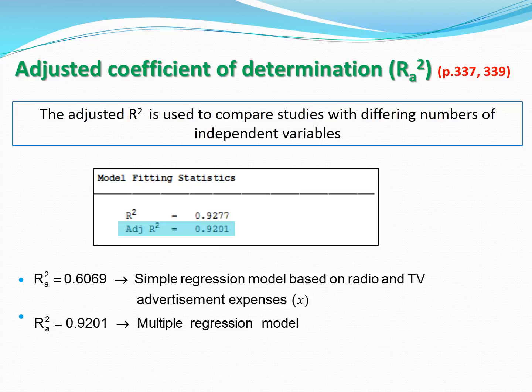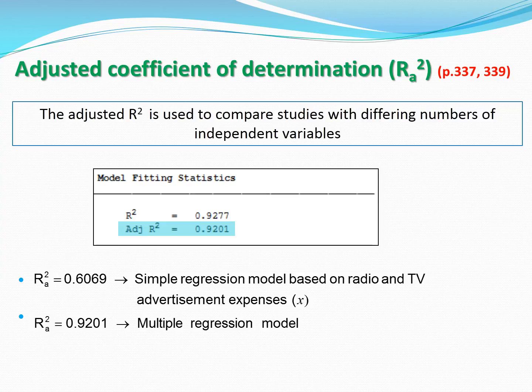To see if an independent variable should be included in the regression model or not, we can use the adjusted coefficient of determination for this purpose and not the coefficient of determination, because when another x variable is added to the regression model, then your coefficient of determination will always increase.